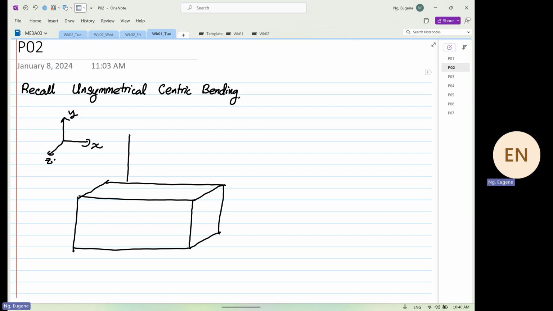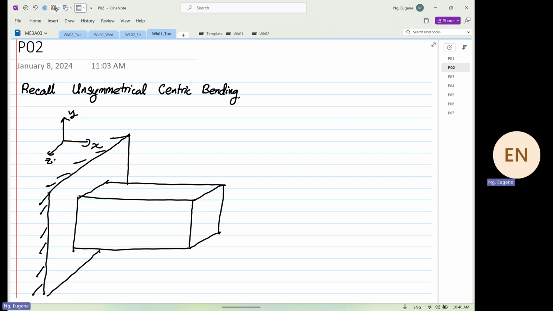So now this is your beam. The beam is built in. Okay, so our beam is built in.